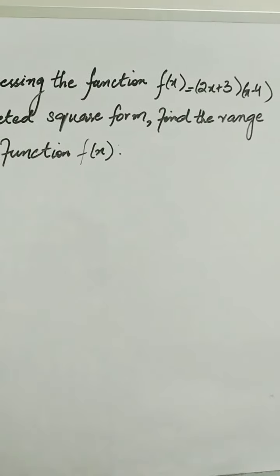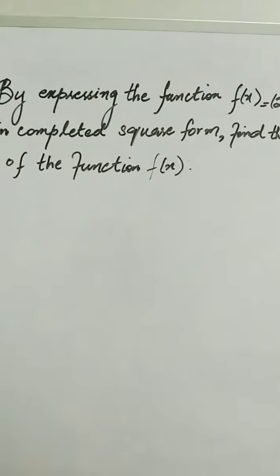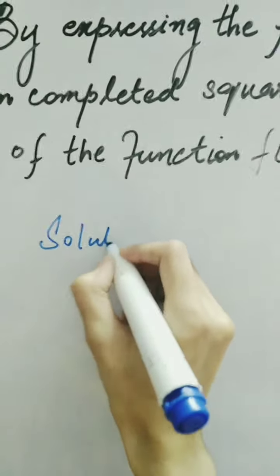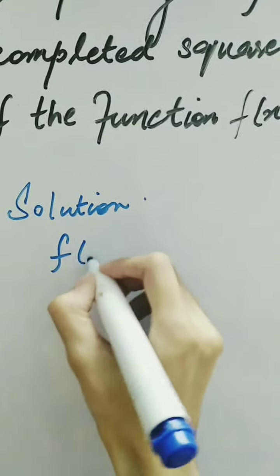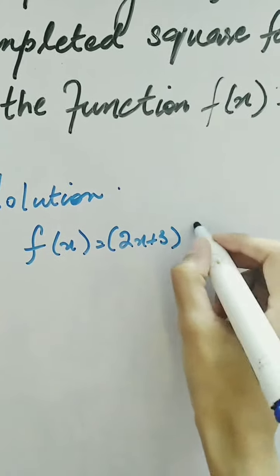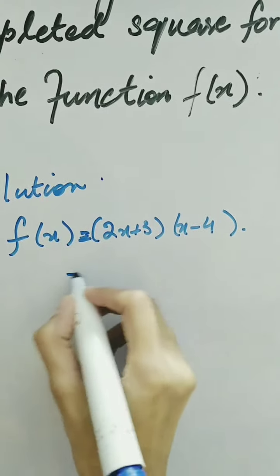Here is another question in which we have to express the function f(x) = (2x + 3)(x − 4) in completed square form, and we have to find out the range of the function. Now let's start solving it. First we need to multiply these brackets with each other.